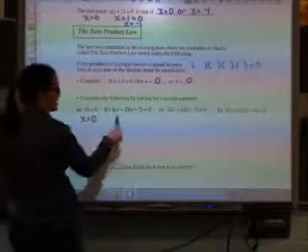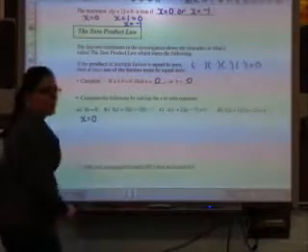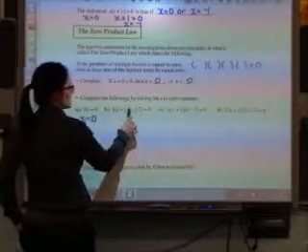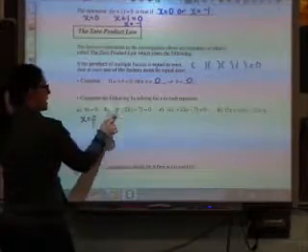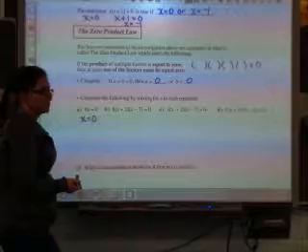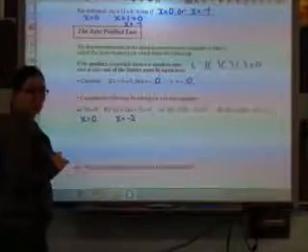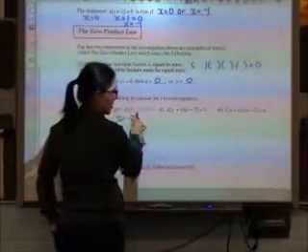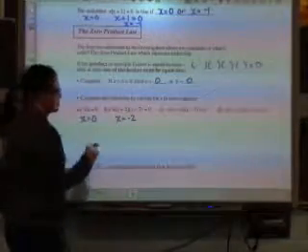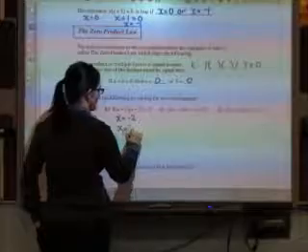The zero product law says if this is equal to 0, whole thing is done, or if this is equal to 0. So when is x plus 2 equal to 0? When x equals negative 2. When is x minus 7 equal to 0? When x is equal to 7.